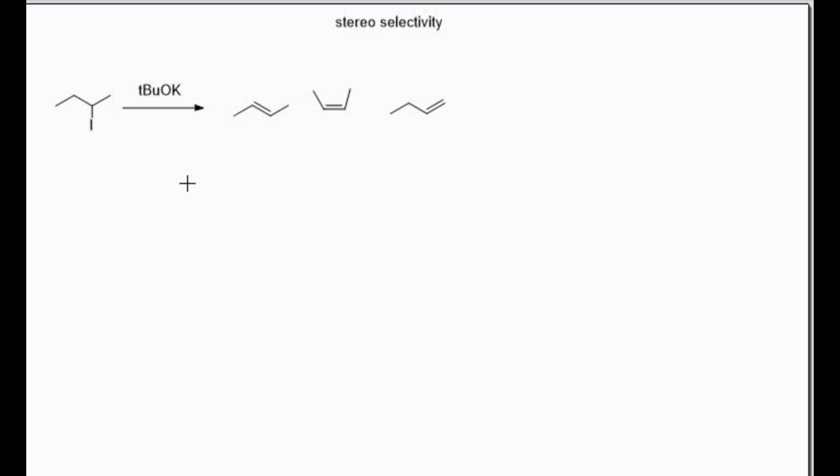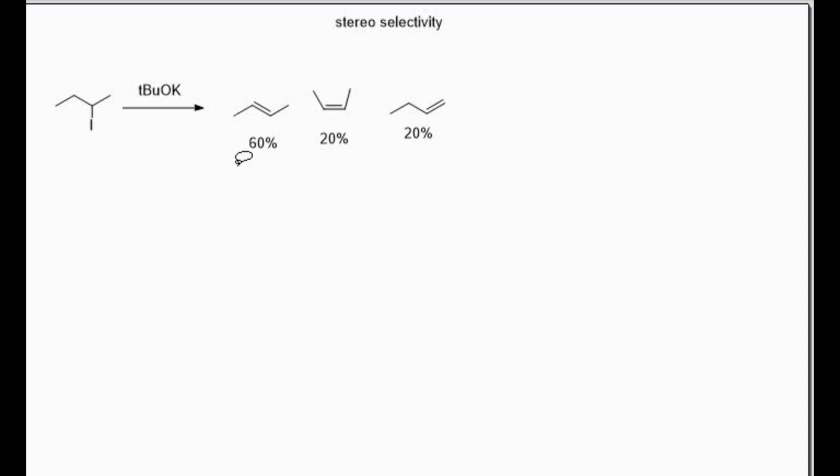If we analyze the percent yield of each product in the solution, this one has 60% contribution to the entire product, and this one has 20% and this one has 20% also.